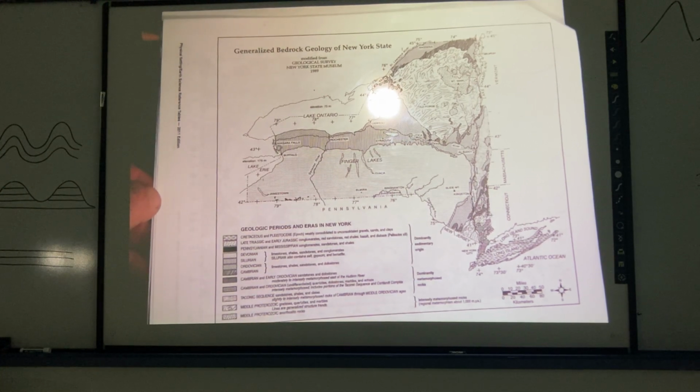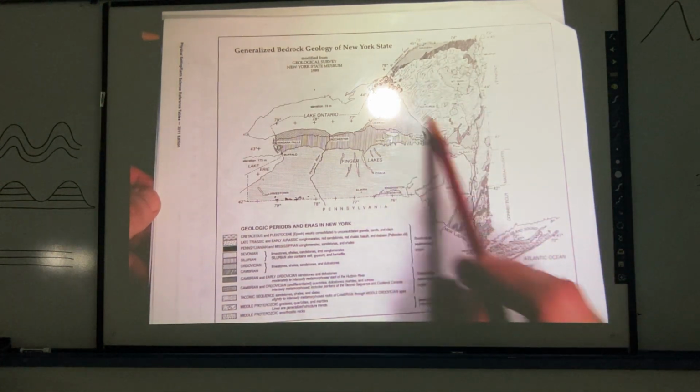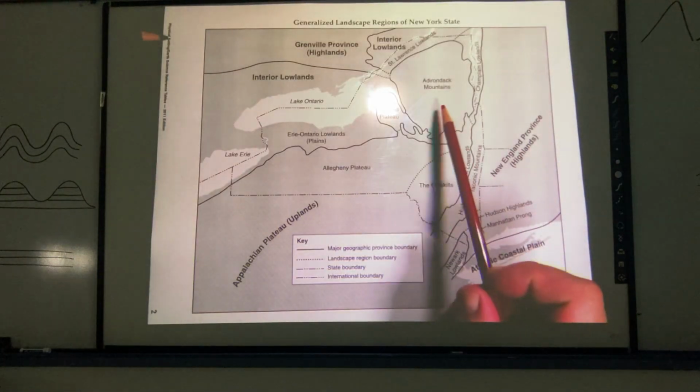Or another question I could get: where is most of the metamorphic rock in New York State located? If I look in here, gneiss, quartzite, and marbles are the squiggly symbols. I see most of the squiggly symbols are located in the Adirondack Mountains.